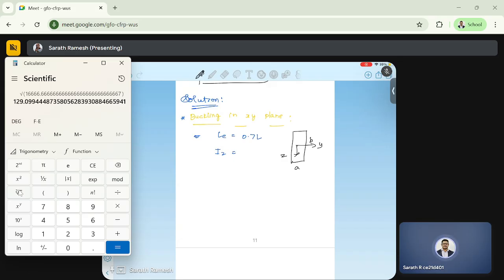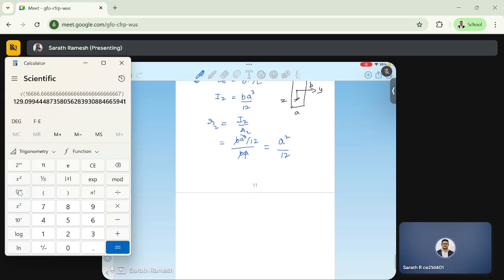So IZ is what? IZ is BAQ by 12. And RZ is IZ by A, which is BAQ by 12 by BA. So A square by 12.